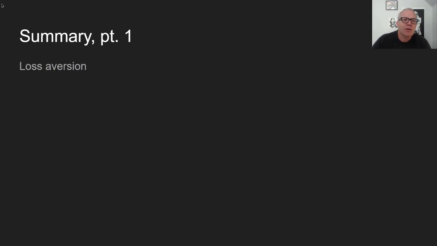Okay, so let me just summarize what we've hit on in this first part of the lecture. We've talked about loss aversion, and I've illustrated a couple of different ways to show how that comes out in us. The endowment effect is this idea that when you own something, when somebody gives you something and you possess it, now it's been endowed with extra value. So loss aversion and endowment effect go together.